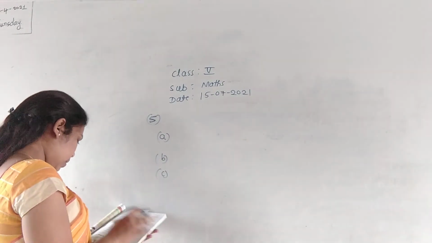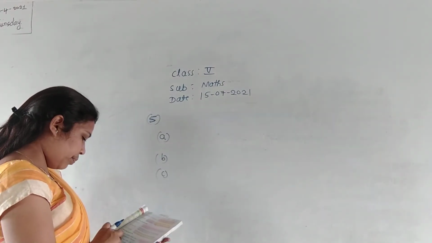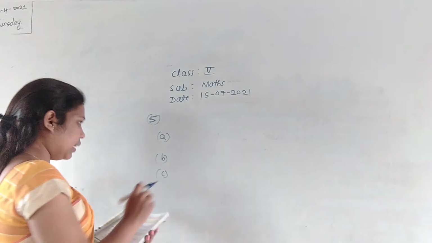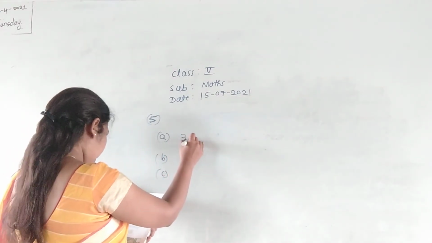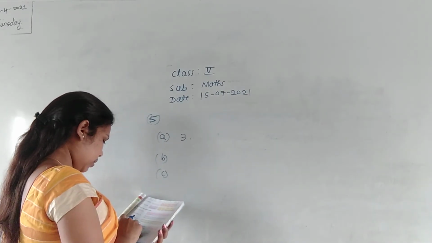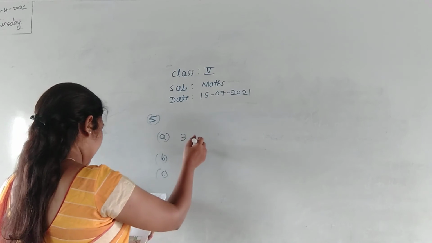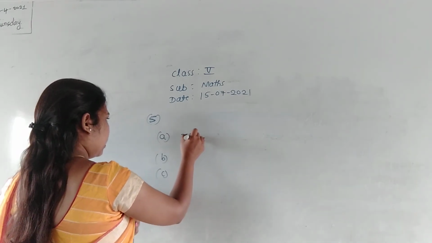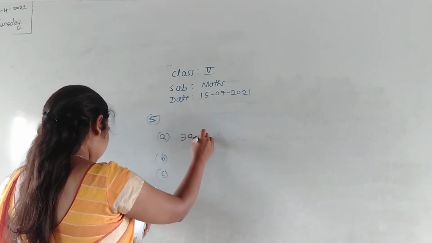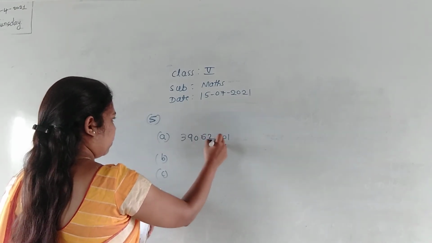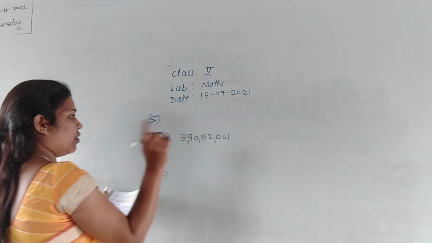The first value they gave is 3 crore. Next, 90 lakh they gave, right? So here 90 lakh. Next will be 62,001. Okay. So this is the first number.